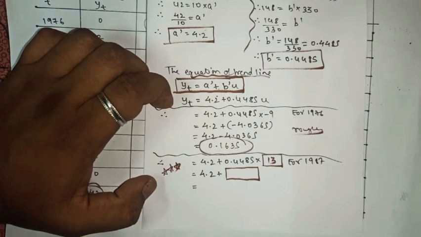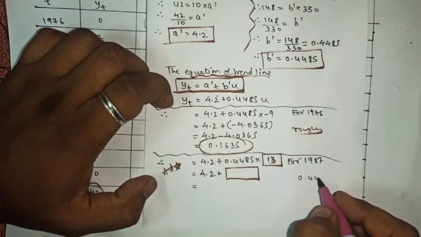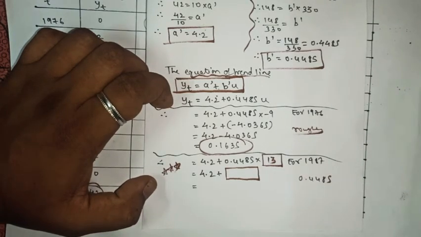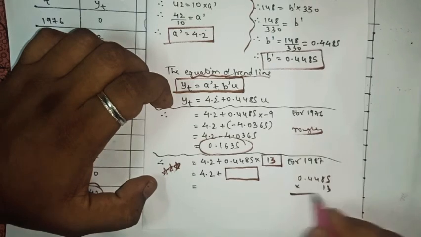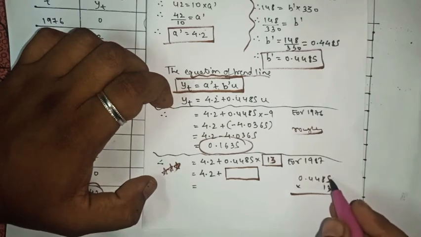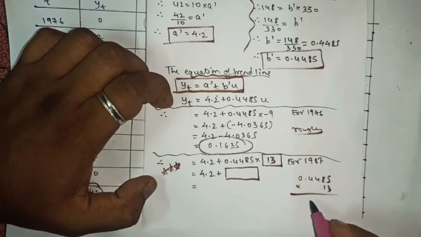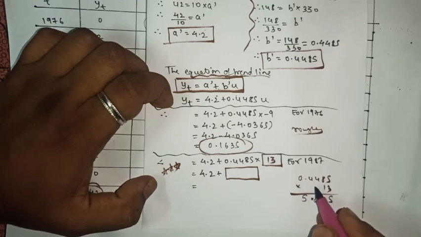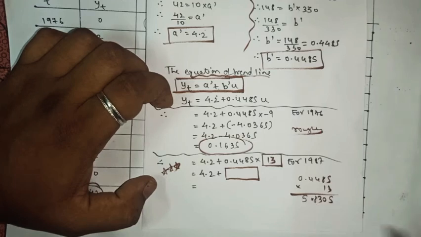That means 0.4485 into 13. Okay, so multiply. 13 5s are 65, 13 8s are 104, 13 4s are 52, 13 5s are 65. 5.8305 you will get.